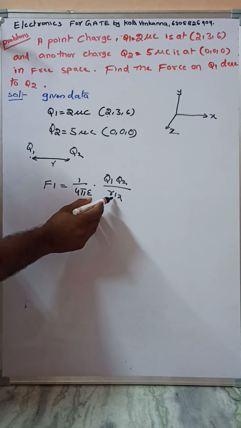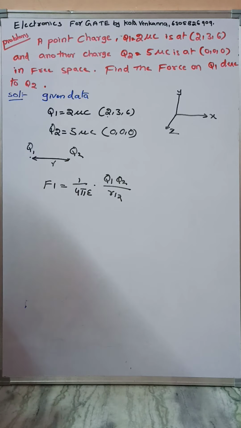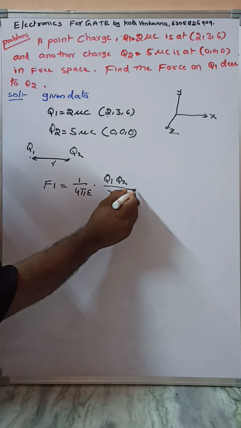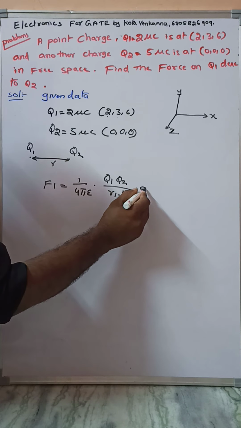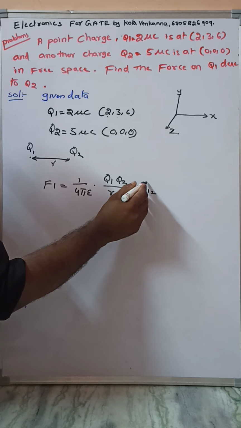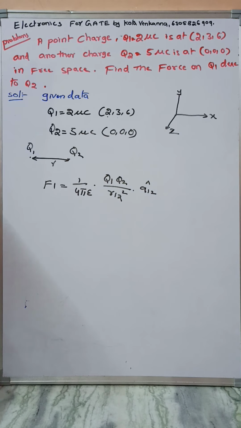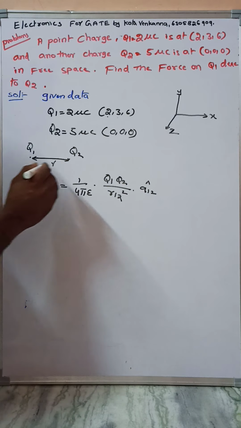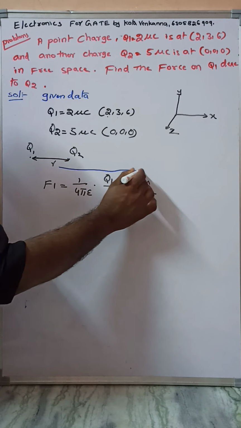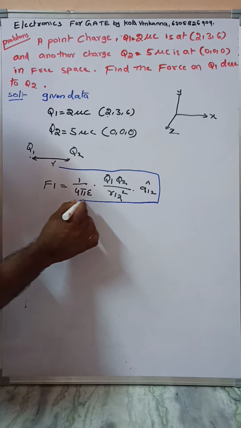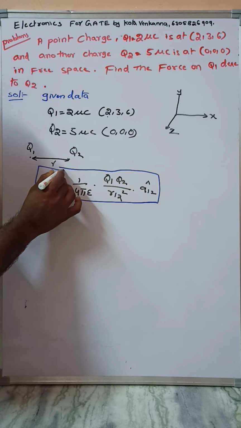R12 is the distance vector for the force on Q1 due to Q2. So this is the formula for the determination of force on Q1 due to Q2.